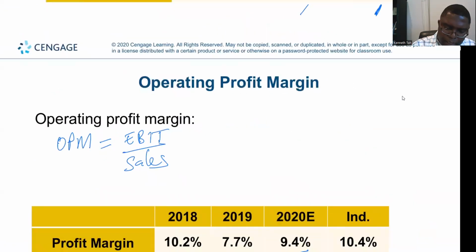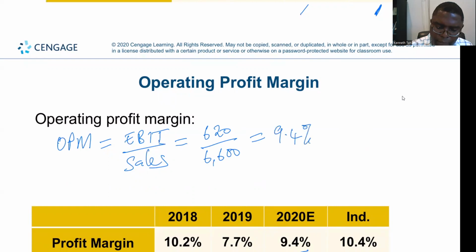So which means we can now come back and insert what is needed so that we can calculate the operating profit margin. Earnings before interest and tax, we said is 620, divided by sales. Sales is 6,600. So this gives us an operating profit margin of 9.4%.